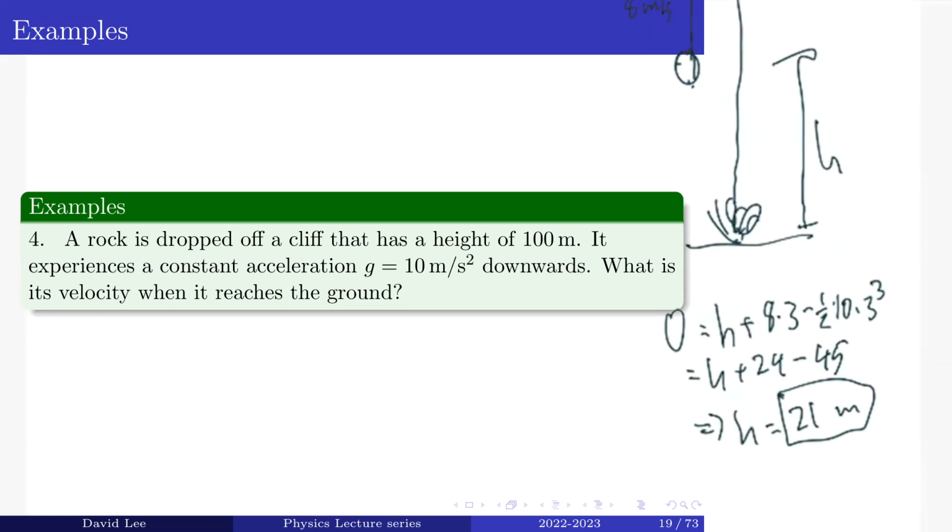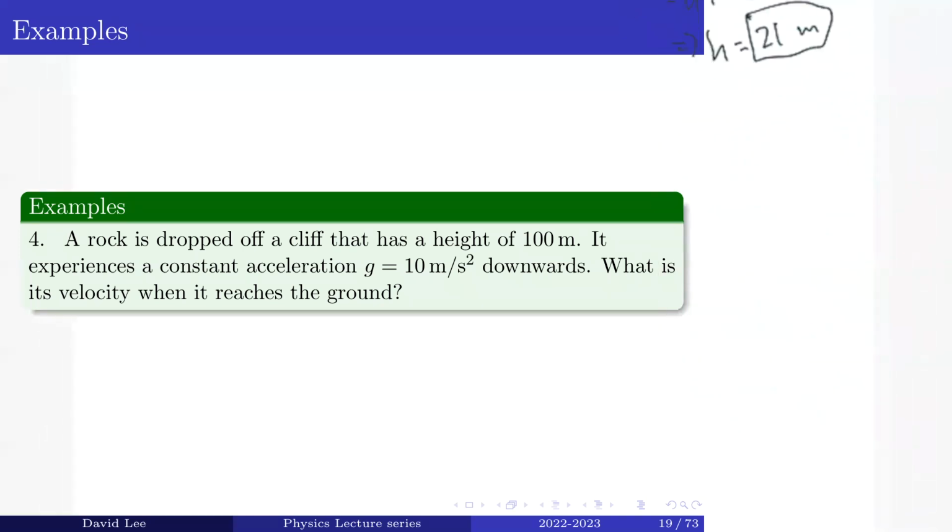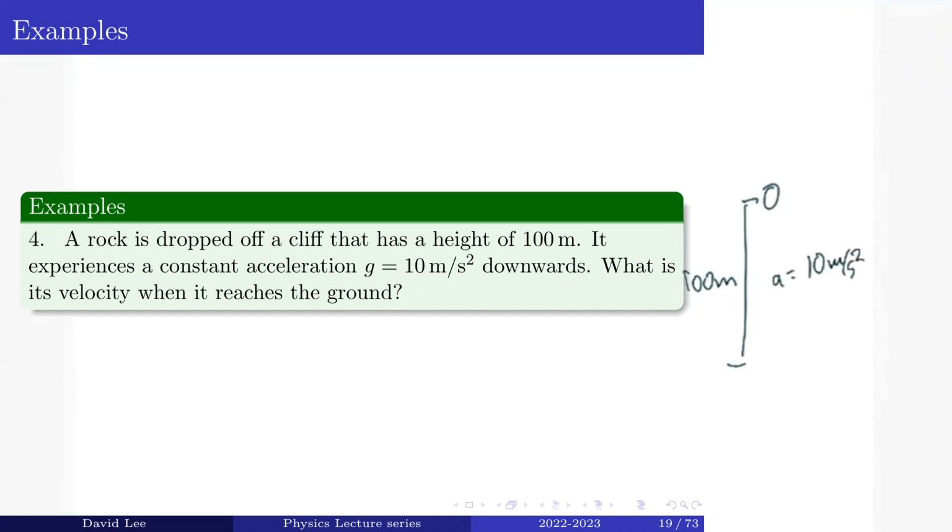And so how will we do this question? We know that the rock is dropped 100 meters, and we know that its acceleration is 10 meters per second squared downwards. And we want to find its final velocity.